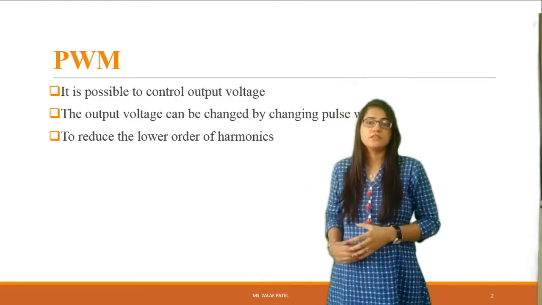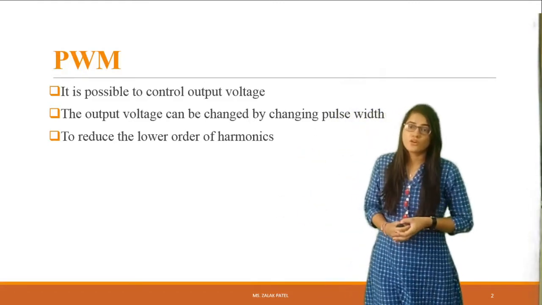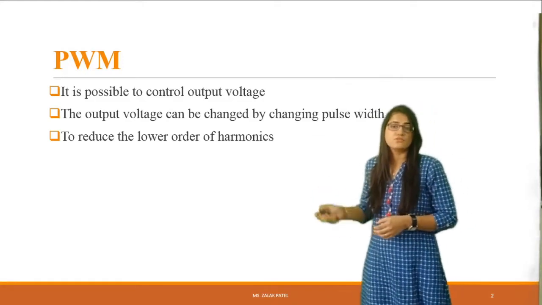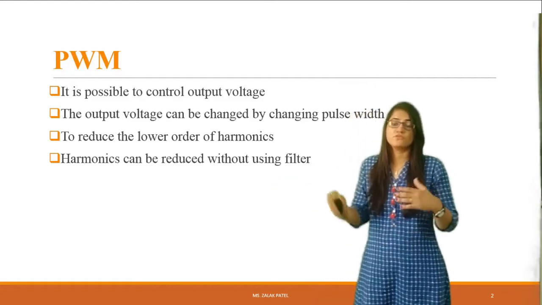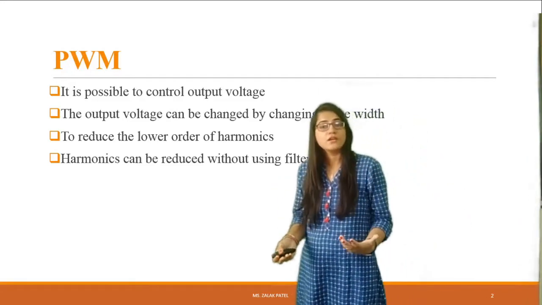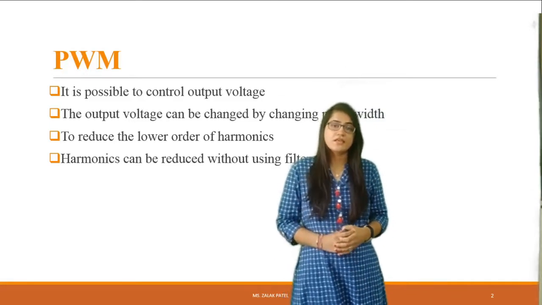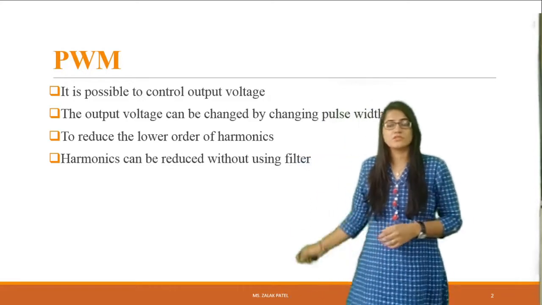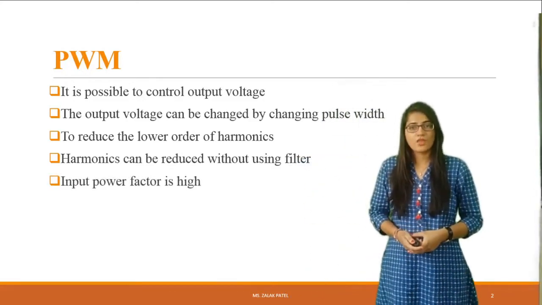By using pulse width modulation, the lower order harmonics can be reduced. The next feature is that harmonics can be reduced without the use of a filter. In the earlier case we used some filter technique, but here there is no need of a filter, so this is the biggest advantage of PWM for inverters.